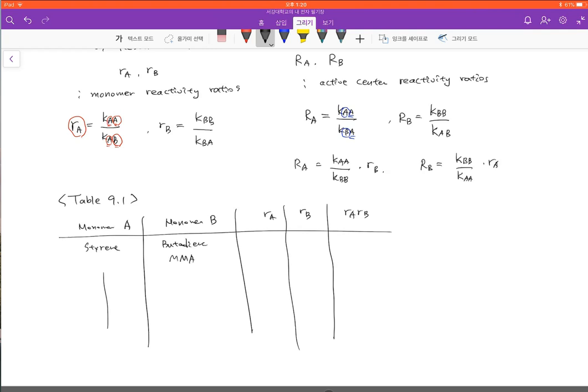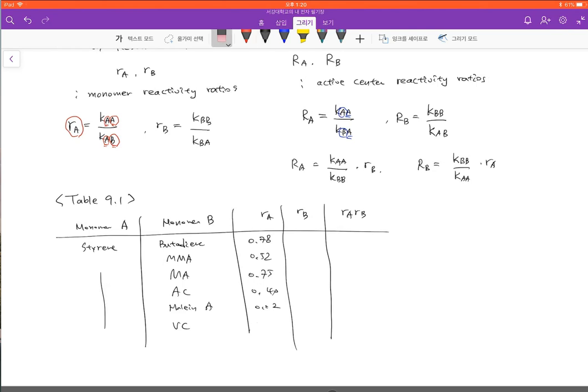If monomer A is styrene, and monomer B is different, like butadiene, methyl methacrylate, methyl acrylate, acrylonitrile, maleic anhydride, and vinyl chloride, they all show different ra values: 0.78, 0.52, 0.75, 0.40, 0.02, 17.